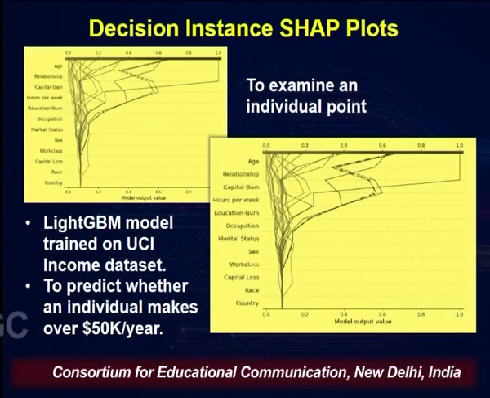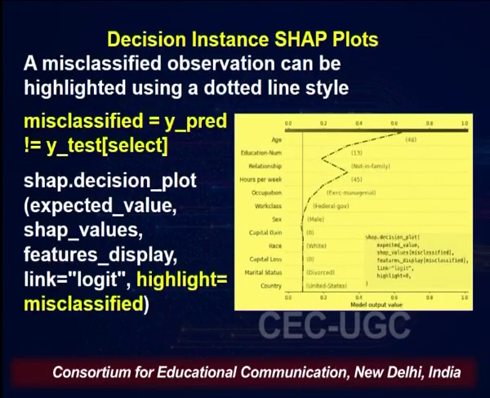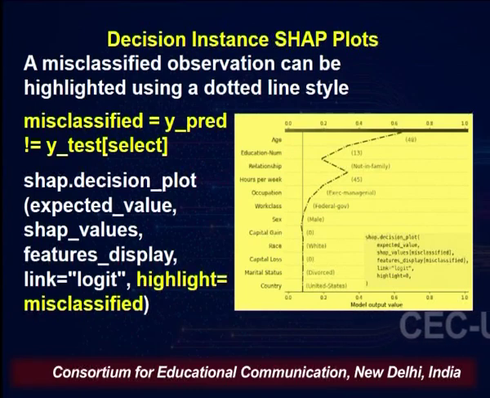And not just the local interpretations that we can draw from decision plots, but we can also do other things like outlier analysis. If we want to see which are the outlying points, we can find them and highlight them through dotted lines, as you can see on the second plot, and then we can study the dotted lines using these particular commands.